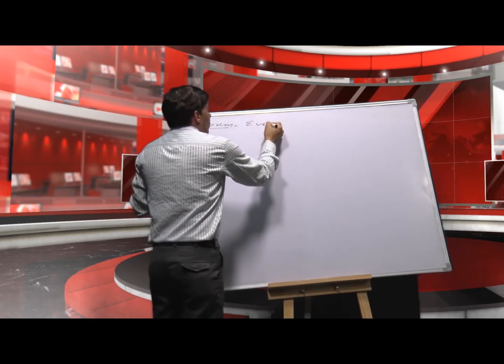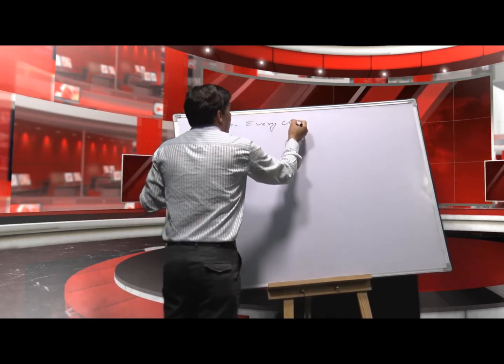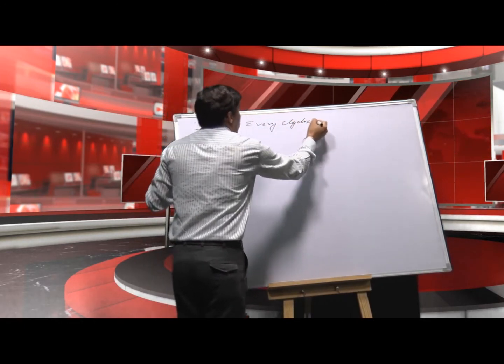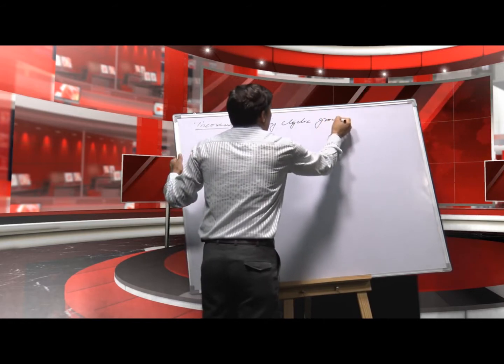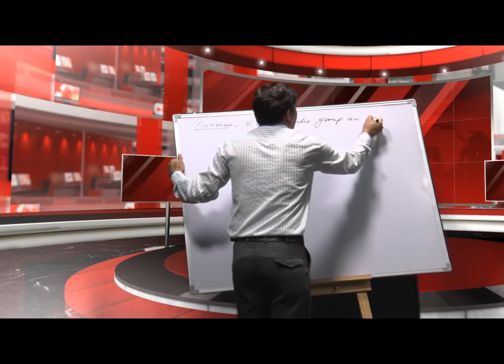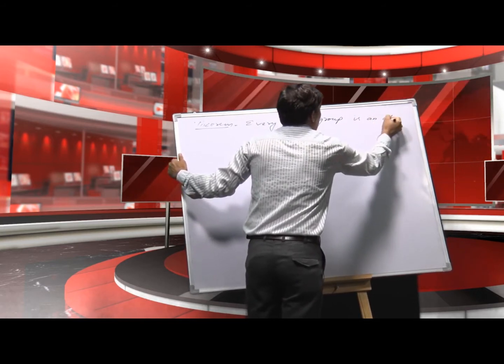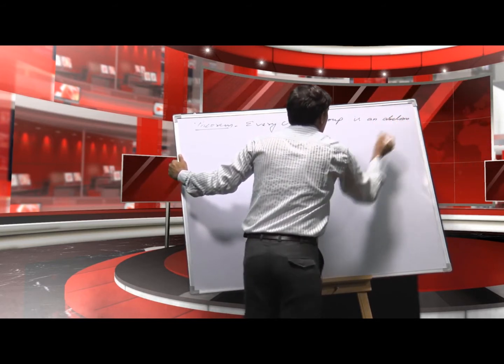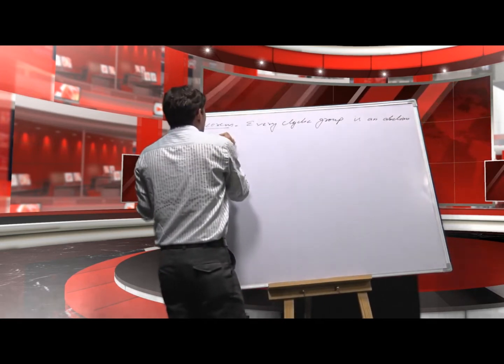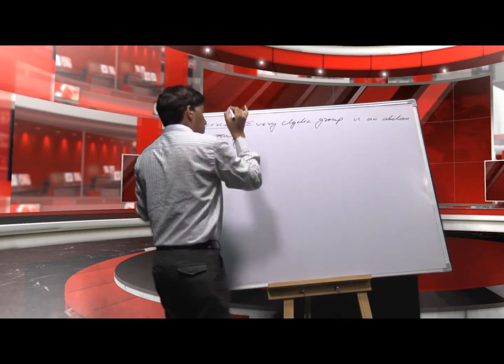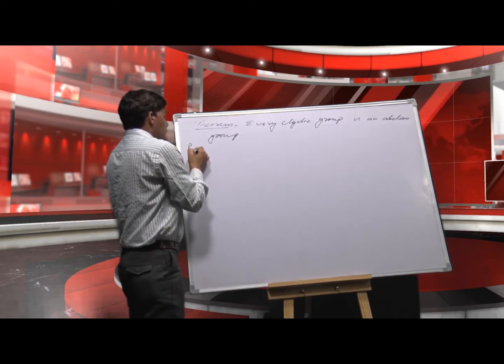Every cyclic group is an abelian group. Proof.